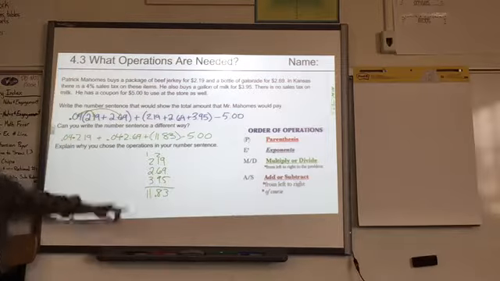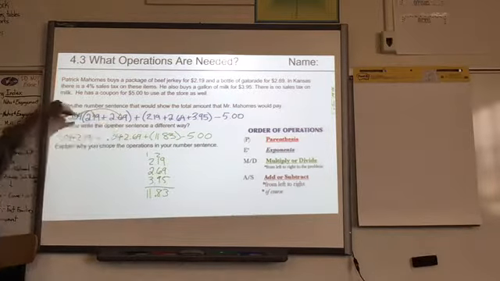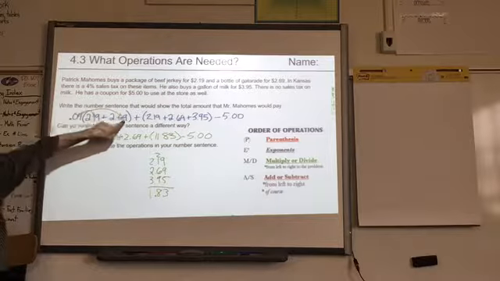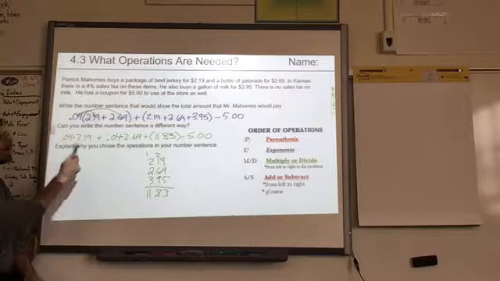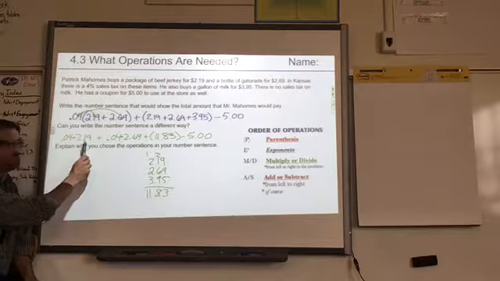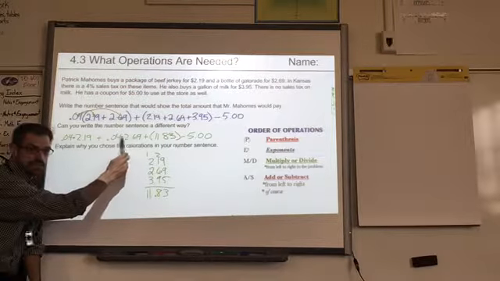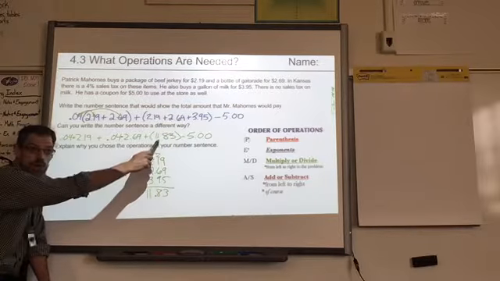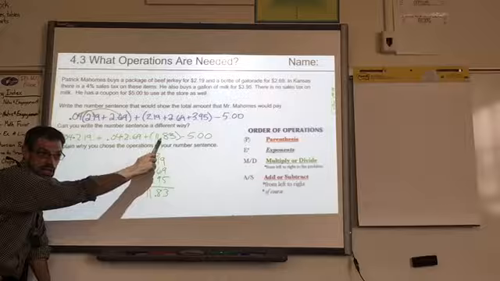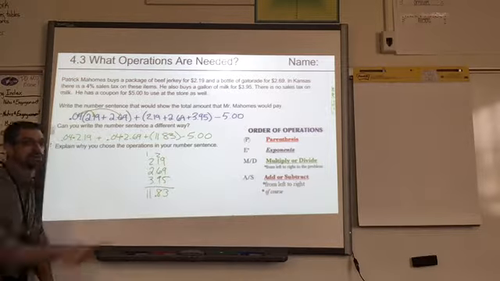That's what I wanted you to see, is the way I set this up. I could do distributive property this way. This is going to find the tax of the beef jerky. That's going to find the tax for the Gatorade. That's going to be the cost of the beef jerky, Gatorade, and milk.